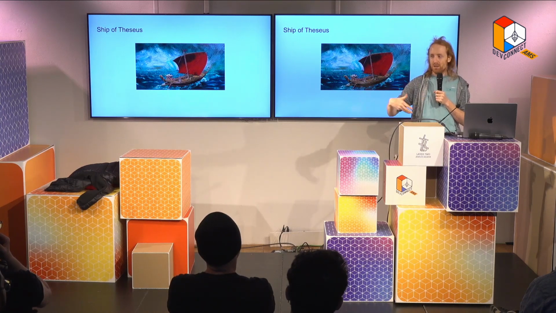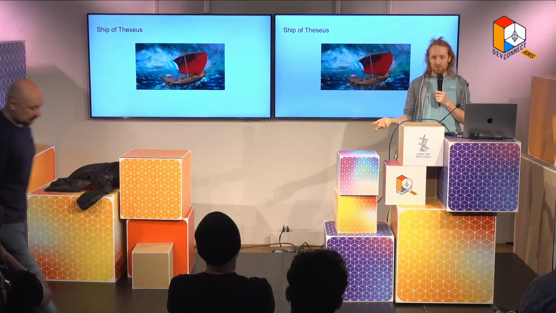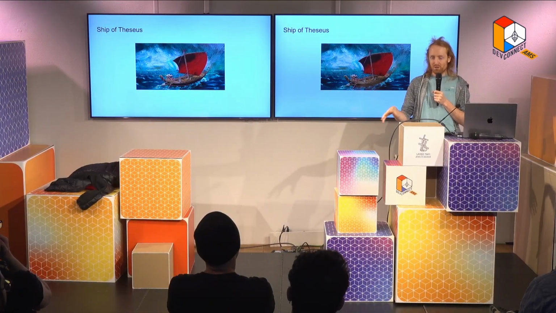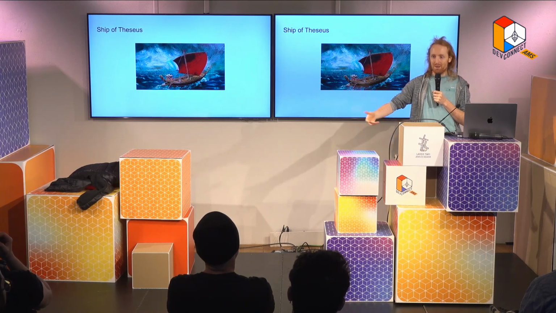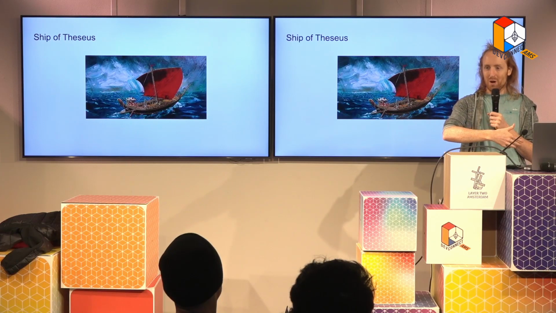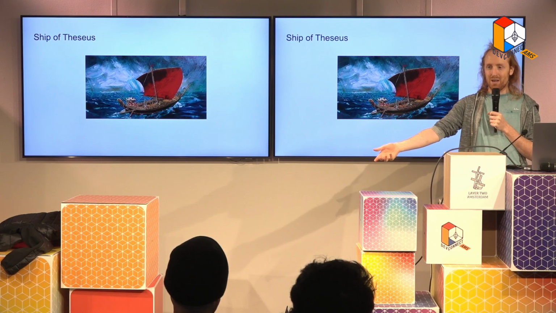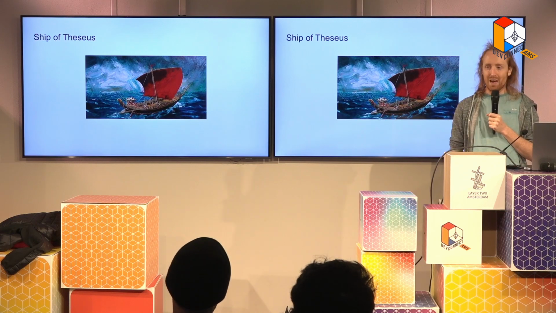They change one piece every year, and after 20 years, all of the pieces of the ship have been taken away and replaced with something better. The question in the story is: which is the ship? Is the ship all the stuff that was thrown away and was originally part of the ship, or is the ship all the new stuff? And that's kind of what's happening with Ethereum when we're moving to layer 2.